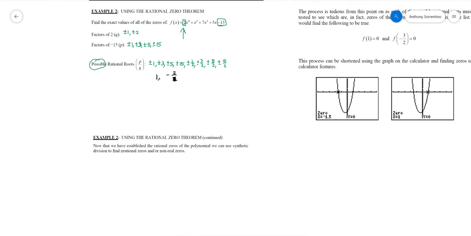So I'm going to go back and rewrite my function, f of x equals 2x to the 4th plus x cubed plus 7x squared plus 5x minus 15.